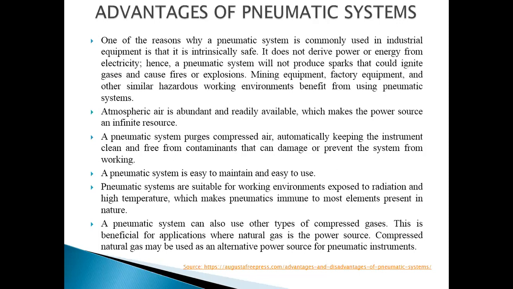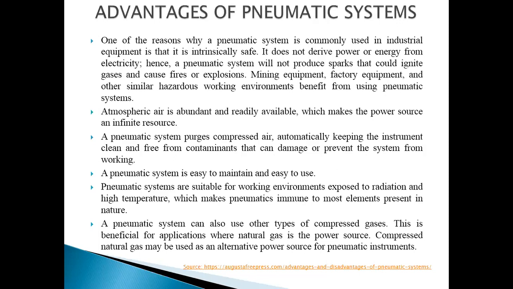A pneumatic system can also use other types of compressed gas if we want. This is a special benefit in applications where natural gas is the power source. Compressed natural gas may be used as an alternative power source for the pneumatic system. Pneumatic systems are practical because they transmit speed and are an efficient power source.